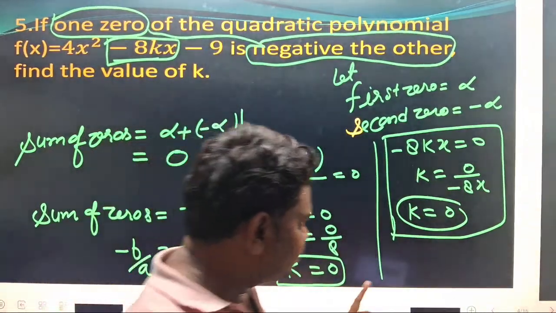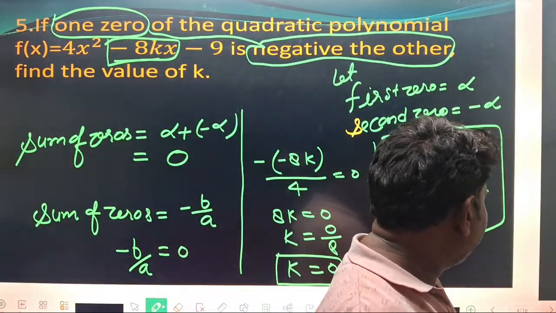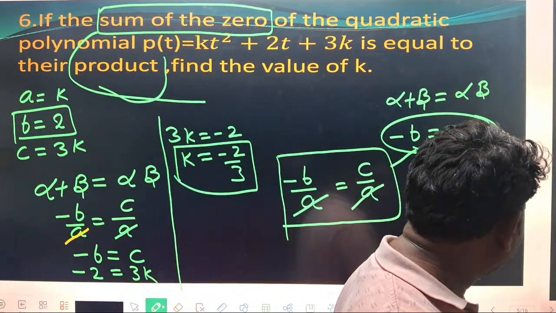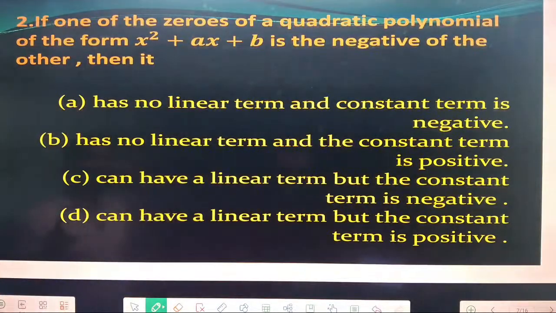In this question, the major concept is that the linear term is always zero.